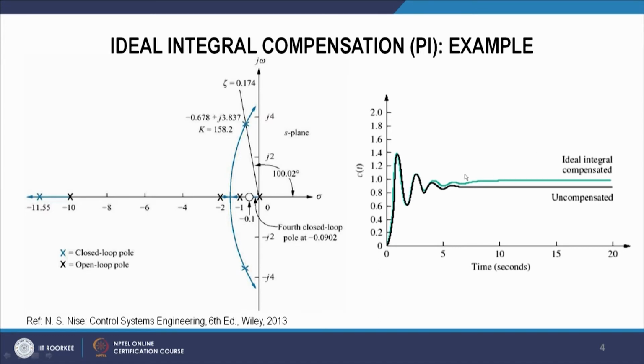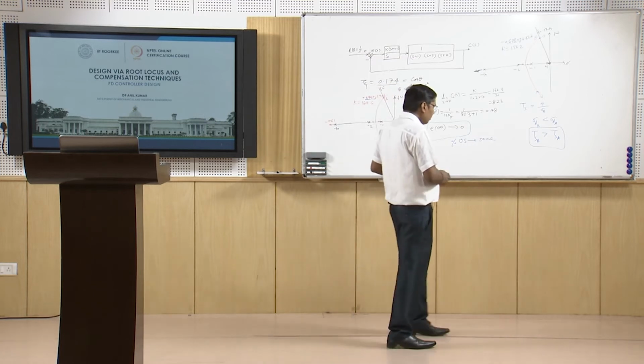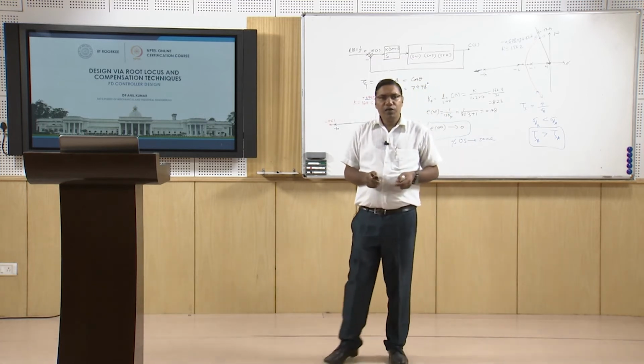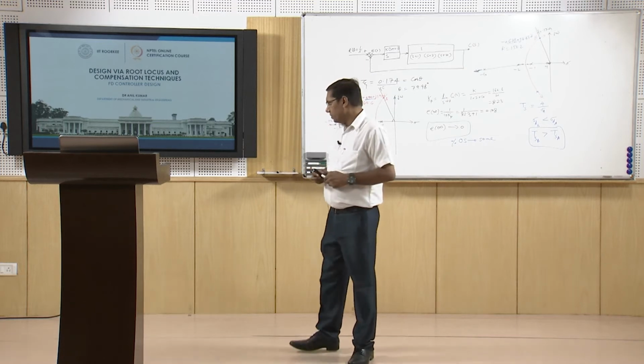However, with ideal integral compensation we have improved the steady state error, because the steady state error is tending to 0, and at the same time we see that settling time is larger. It settles earlier here, but now the settling time is increased for this system. So we have got larger settling time. Now we come to the ideal derivative compensator.